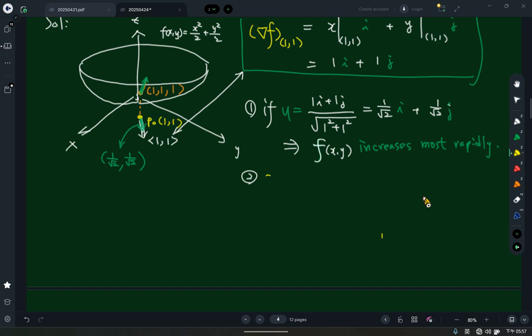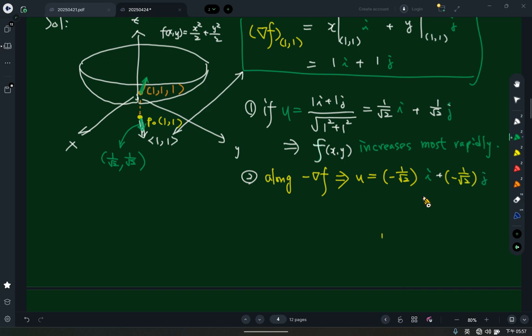If we just go along the negative gradient vector, that is equivalent to u equal to negative 1 over square root of 2 i plus negative 1 over square root of 2 j.